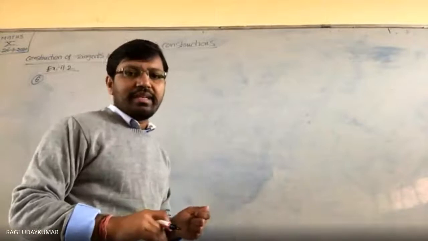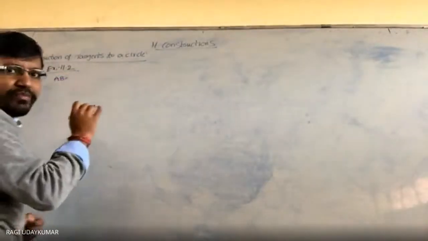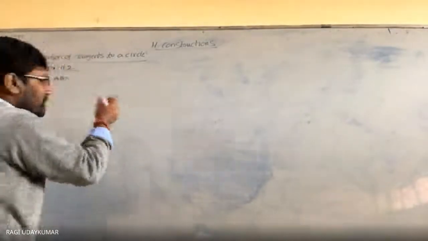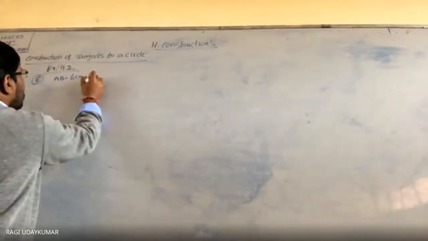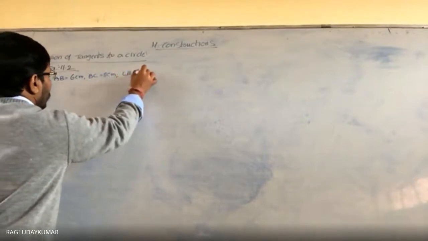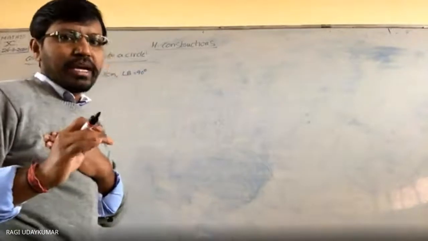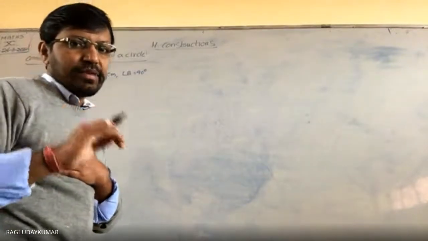What has been given in the question? In triangle ABC, AB is 6 centimeters, BC is 8 centimeters, angle B is 90 degrees. And BD is perpendicular from B on AC.